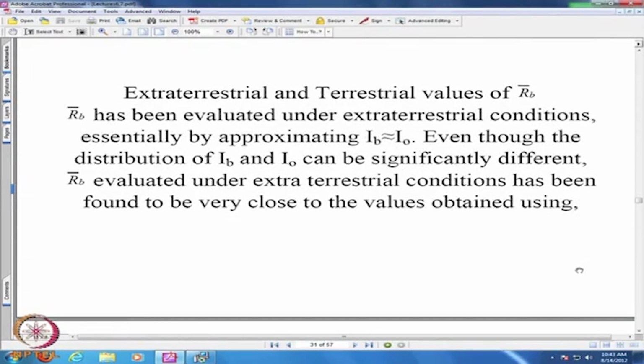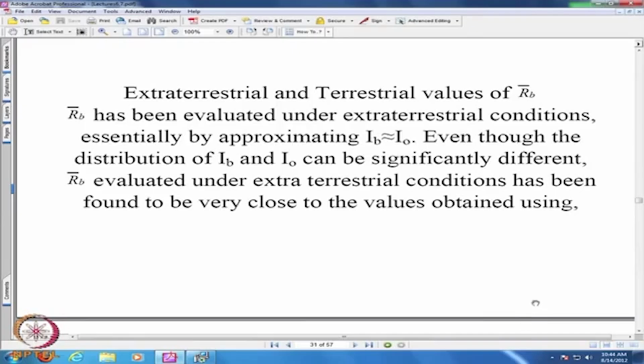Now, people have compared the values of RB bar evaluated under extraterrestrial conditions, like this approximation which we have already discussed, with the values calculated using the data, and they have found that they are reasonably close and sometimes remarkably accurate.